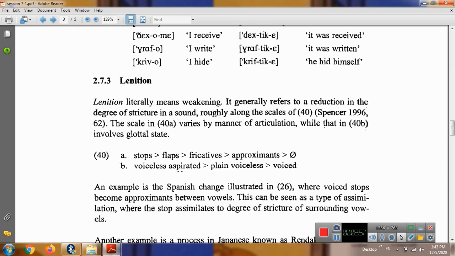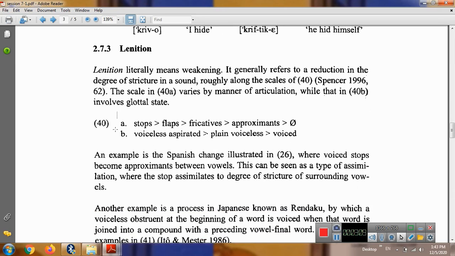Therefore, the voiceless aspirated sounds are more tense than the plain voiceless, and the voiced sounds are more lenis than the voiceless aspirated sounds. Please pay attention to these scales. They are very important, and according to them you can find whether a sound is lenis or tense.